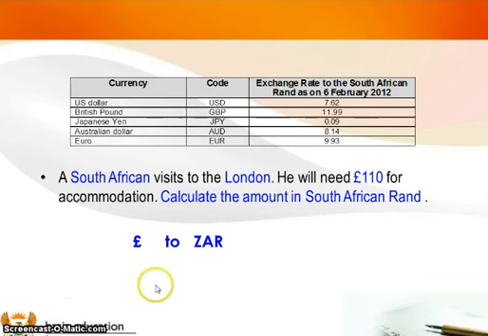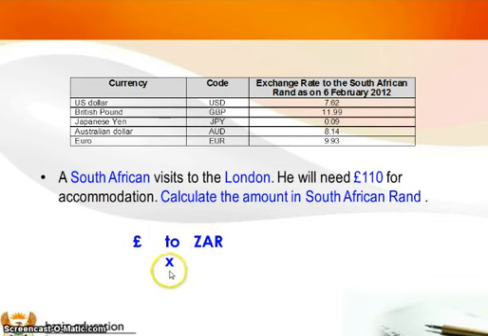And I always just want you to come back to this video if you are at any time confused about the issue. Always remember, when you convert foreign currency into South African rand, in this case pound to rand, it's always multiplication. So there's your answer.